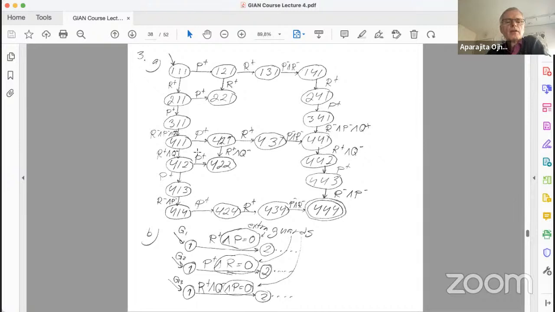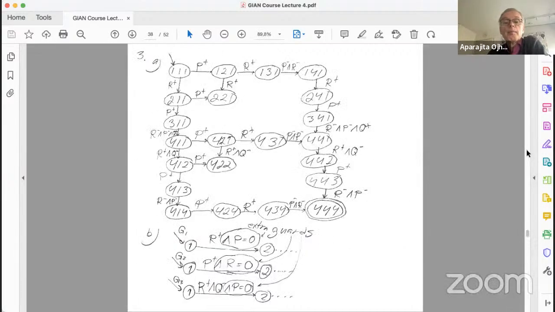And then there is obviously some other conflict, but it's once again related to this P plus and R plus, in this situation also combined with a Q minus.